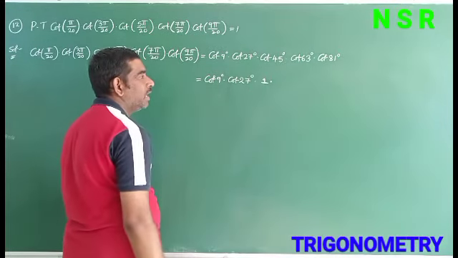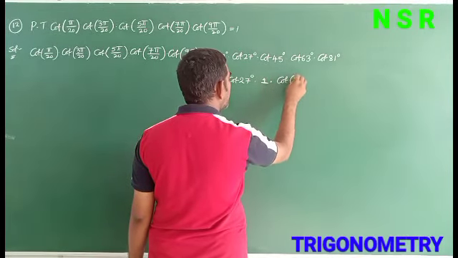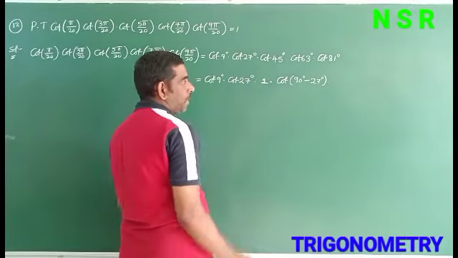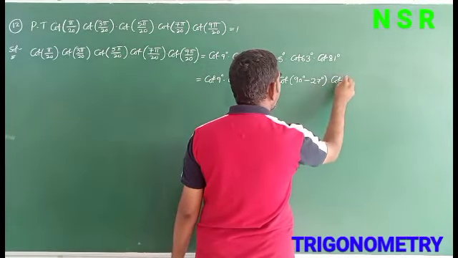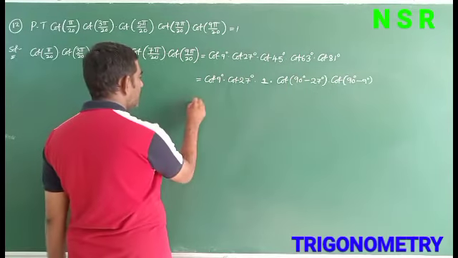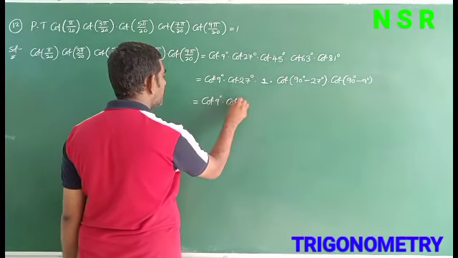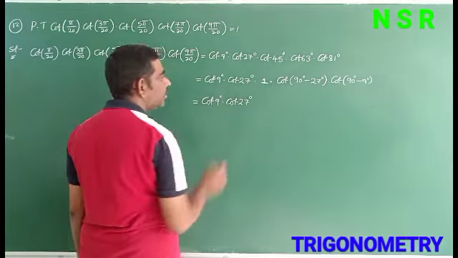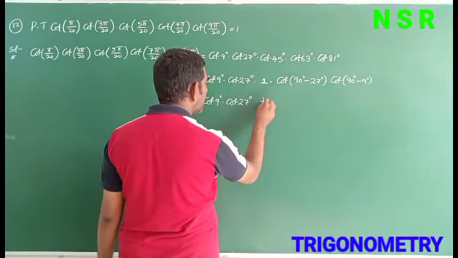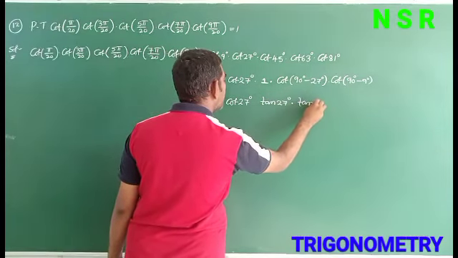So cot 63 and cot 81 both are near to 90. Cot 63 we can write as cot (90 minus 27), and cot 81 we can write as cot (90 minus 9). So cot 9 into cot 27, into 1, so the value does not change. Cot (90 minus theta) is tan theta, so write here tan 27 and here tan 9.